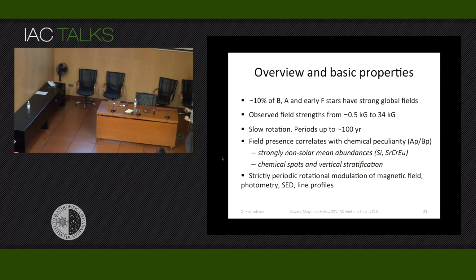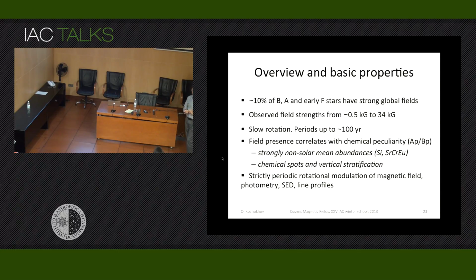And also magnetic field strengths are actually very, very large. Well, this is the rough lower limit, but it goes up to 34 kilogauss. Also, those stars which have magnetic fields are distinguished from non-magnetic stars of the same spectral classes by their unusually slow rotation.